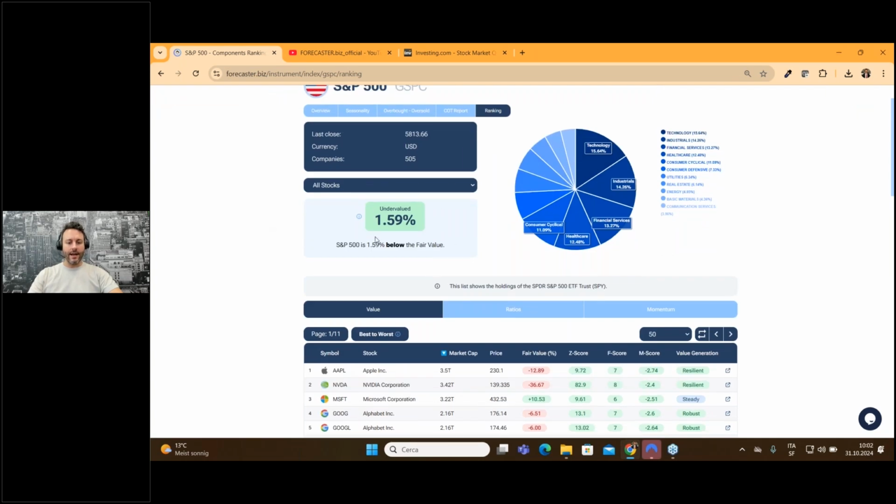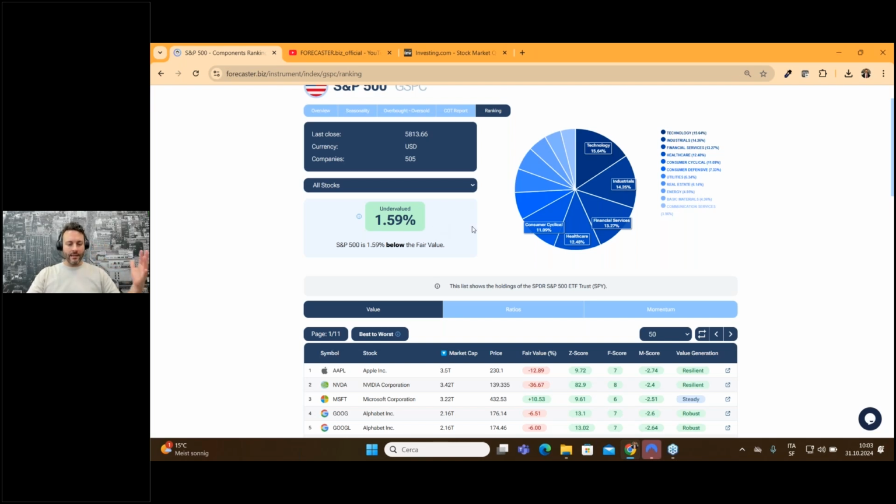In real time, we can see if the whole index is over or undervalued. And in this case, even if the S&P 500 ran a lot in the previous month, we can definitely say that at the moment it is a little bit undervalued.